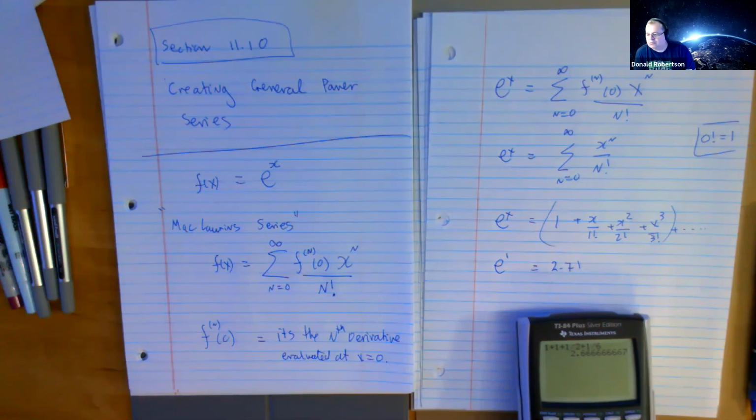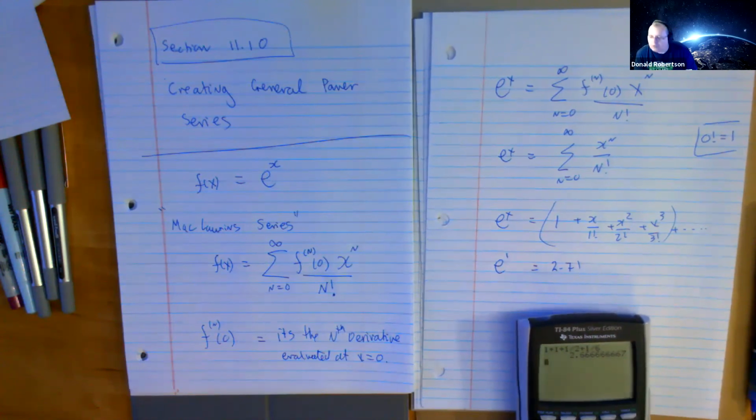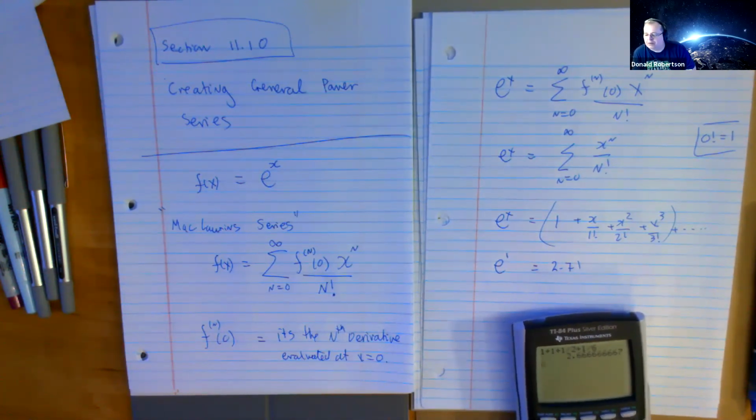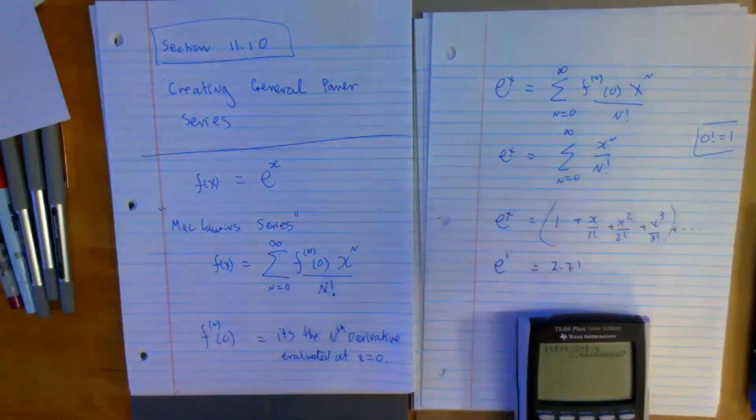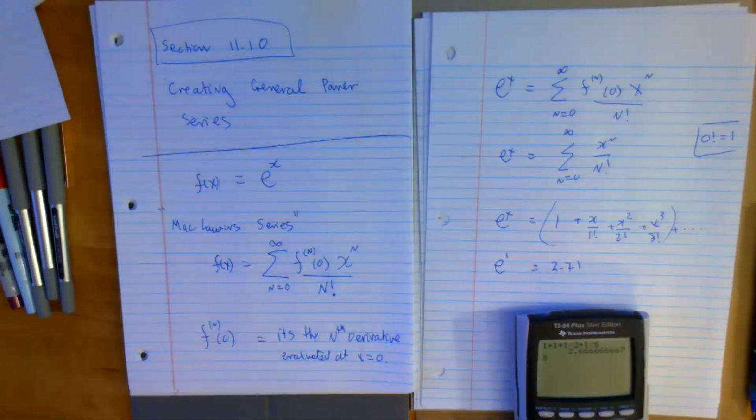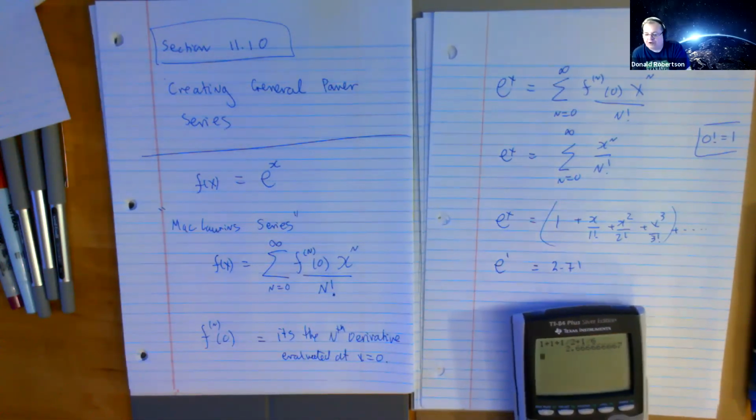Oh, not quite there. What do you think I need to do then? I want a better answer. Going to just add another term. If it's not good, add 10 more terms.